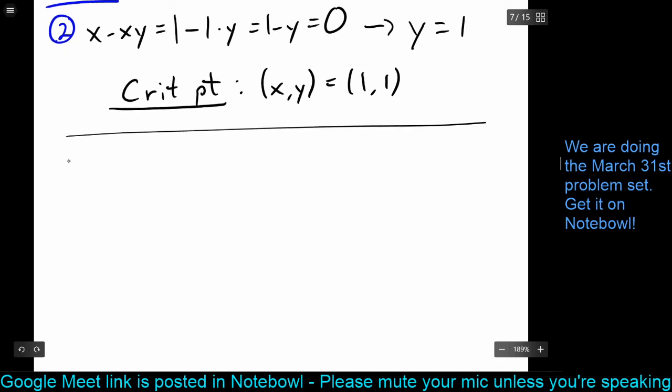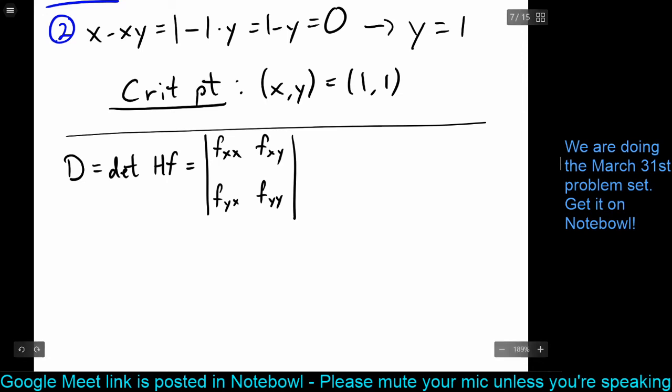There's this D value, which is the determinant of the Hessian matrix we talked about. And all that is just the matrix of all the second derivatives. So fxx, fxy, fyx, fyy.